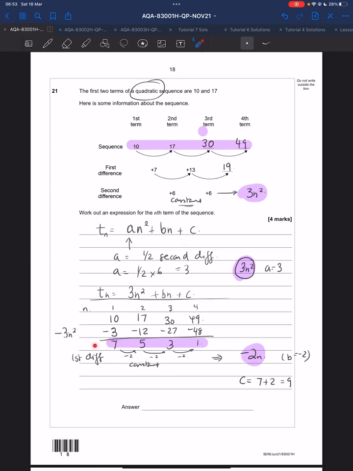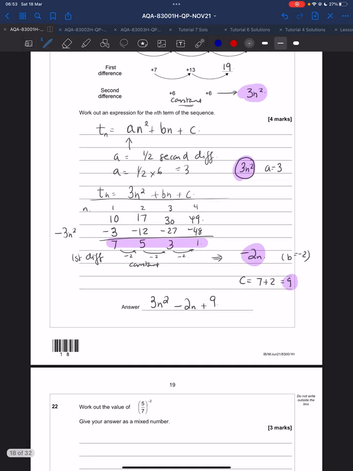By working backwards, you can work out what the plus c is. There's a lot in that one to explain in an exam. So c is 9, and the answer is 3n squared minus 2n plus 9.